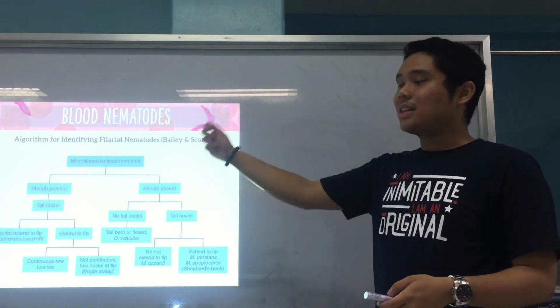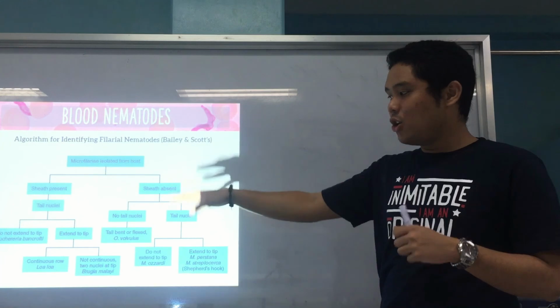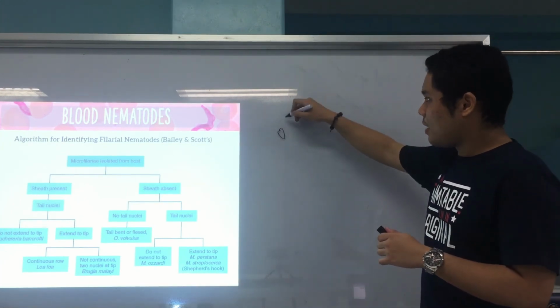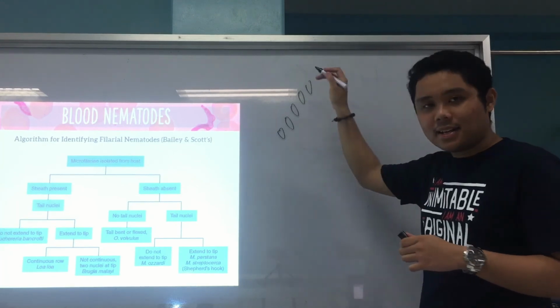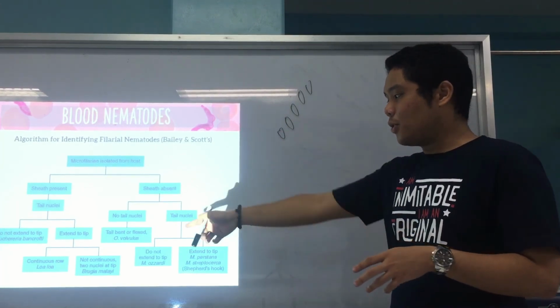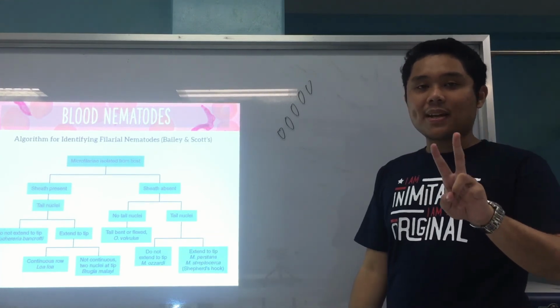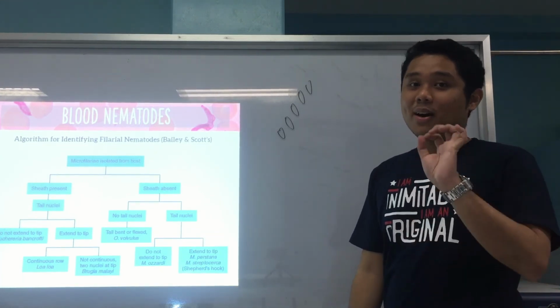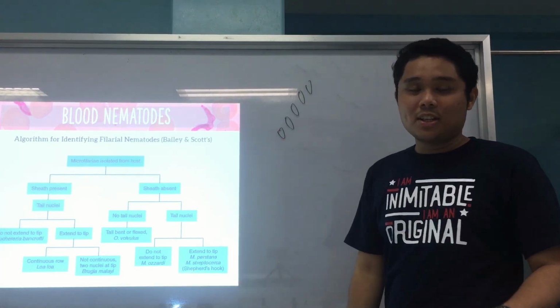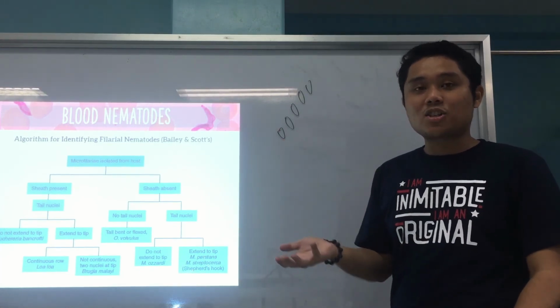Now, on the other end, if it extends to the tip, we then look if it's a continuous row, like one after another until the end, then that's Loa loa, continuous. But if it's not continuous, and you only have two nuclei at the tip, then that's Brugia. Very easy, okay, Brugia.